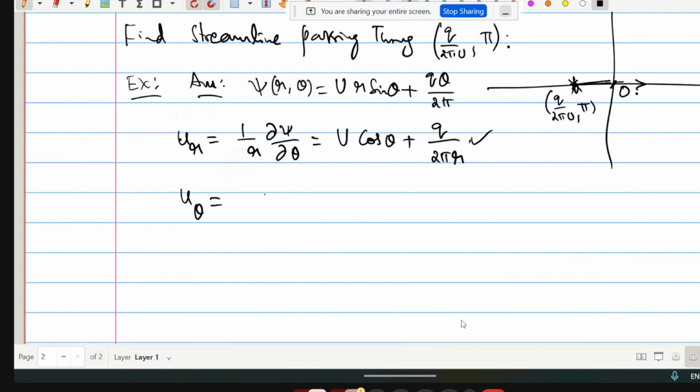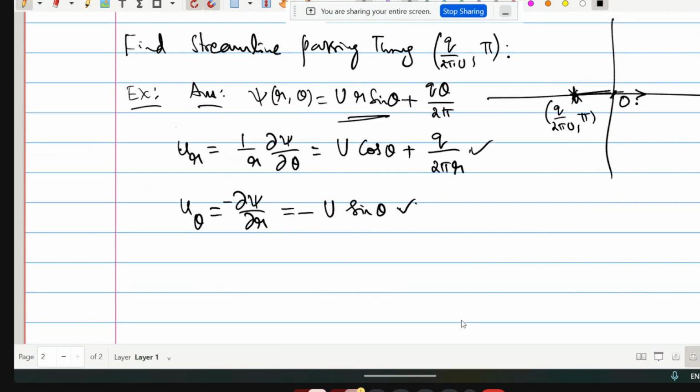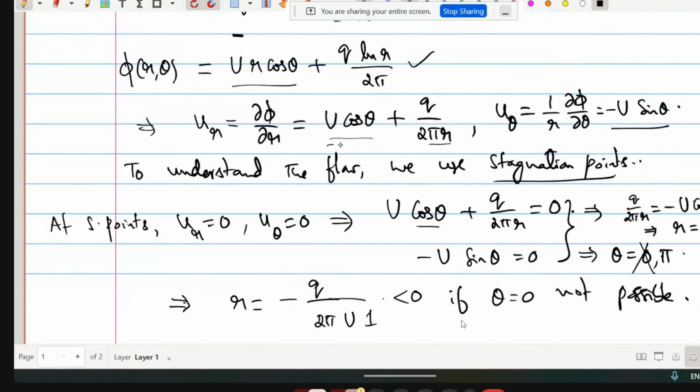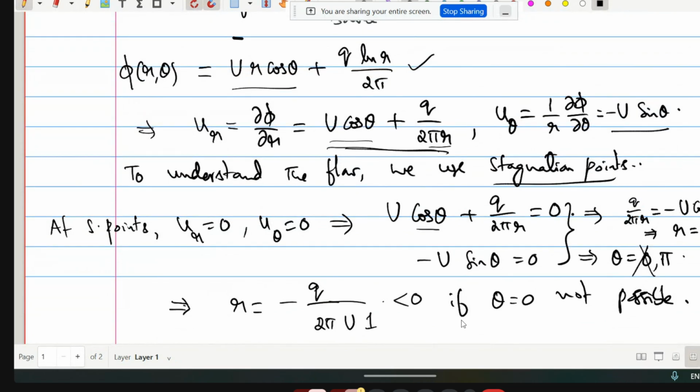Similarly, U theta is minus dou psi by dou r, right? So this will give me minus U sin theta. Only this will contribute, isn't it? So that is what we have, minus U sin theta. So that psi is correct.